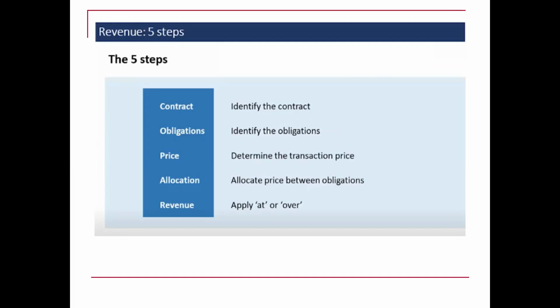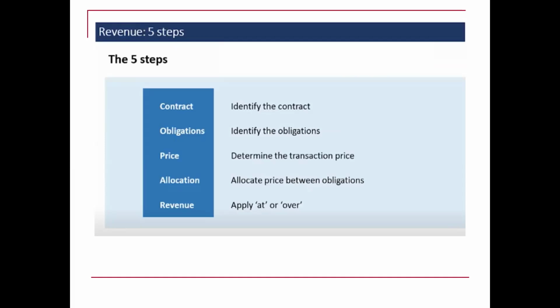That's basically the price. Allocation means there are certain circumstances where in a contract of sale, the seller may have more than one obligation. So for example, I'm selling you a laptop and then I'm committing to provide the service of that particular laptop over a period of say 1 year.